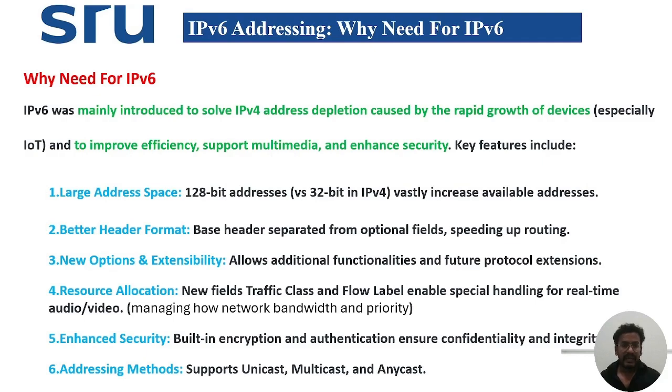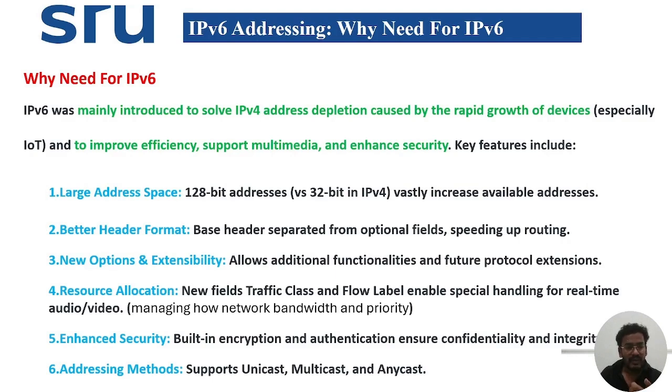While separating the headers from the optional field, the speed of routing is enhanced, and thereby the data transmission is much faster. Next, optimization and extensibility: it allows additional functionalities and protocol extensions.